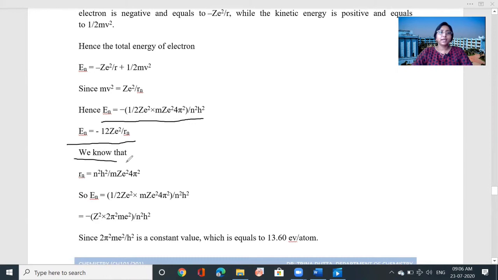So we know that rn has the expression n square h square divided by 4 pi square m Z e square. If we put this in the expression, we get En is equal to minus 1/2 Ze square into 4 pi square m Ze square divided by n square h square.